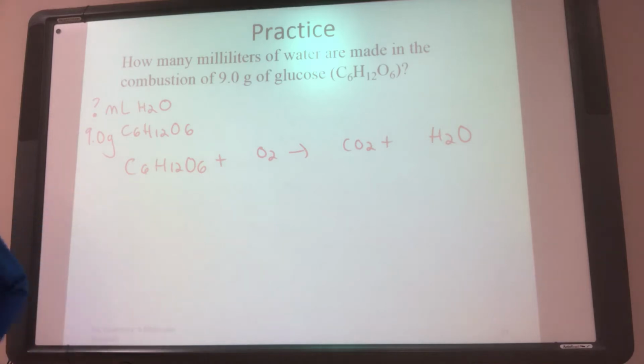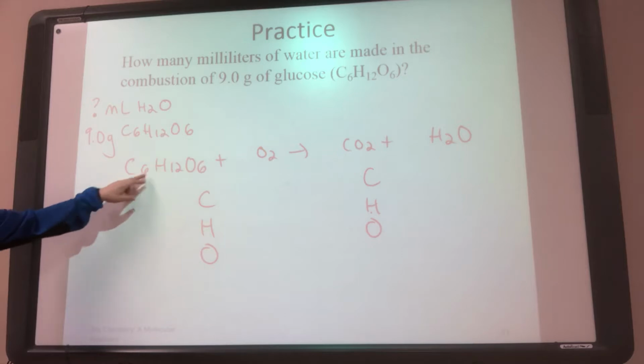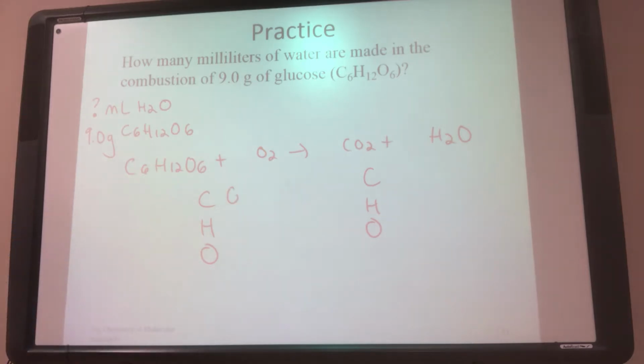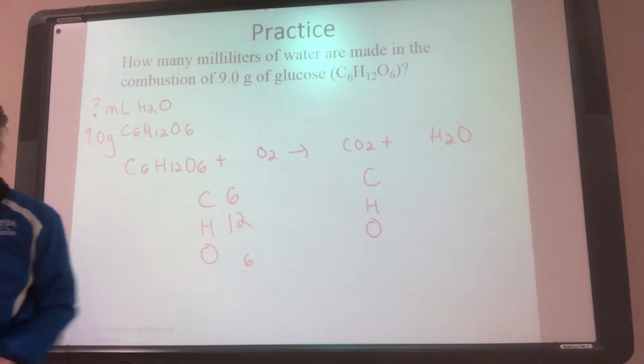What elements do I have on the left? I have C, H, and O on the left. On the right, I have C, O, and H. So just write them out. How many carbons on here? I got 6 carbons. I have 12 hydrogens. And then I have 6 oxygens here, and I have 2 oxygens here.